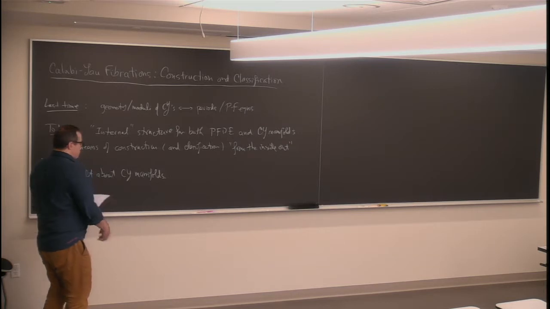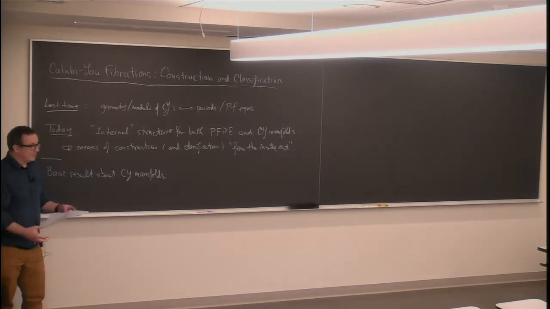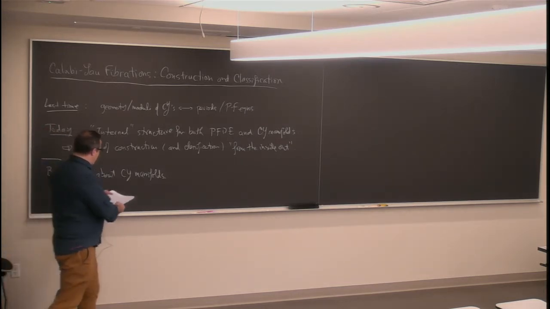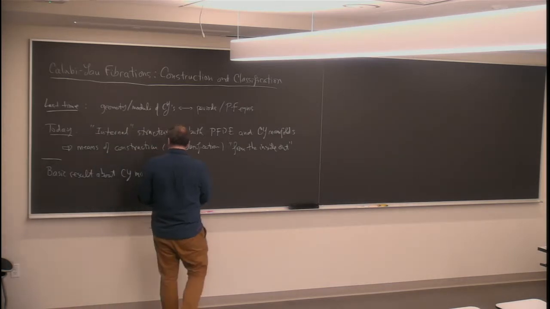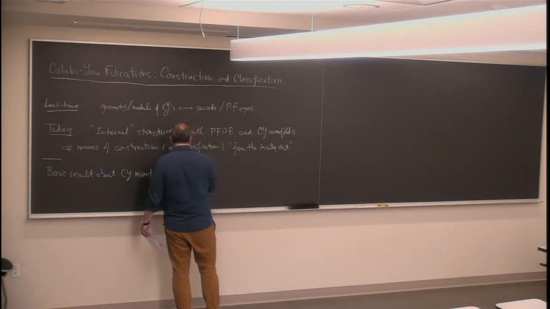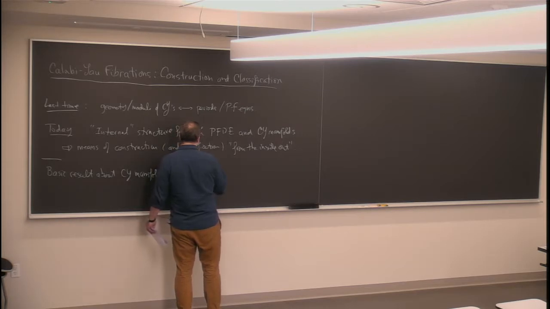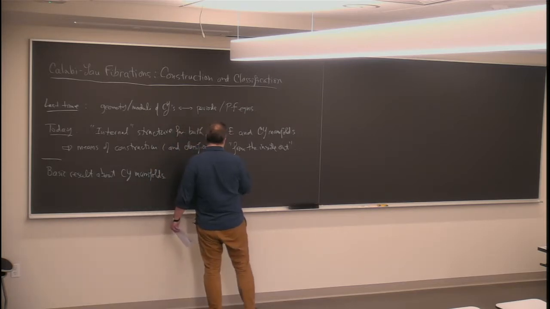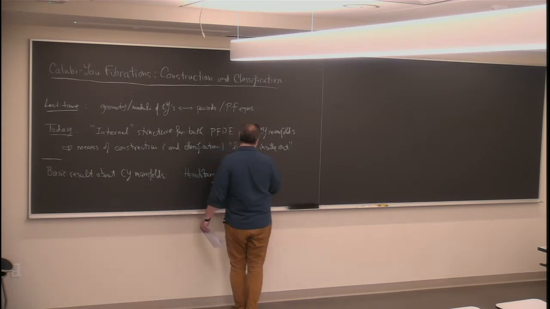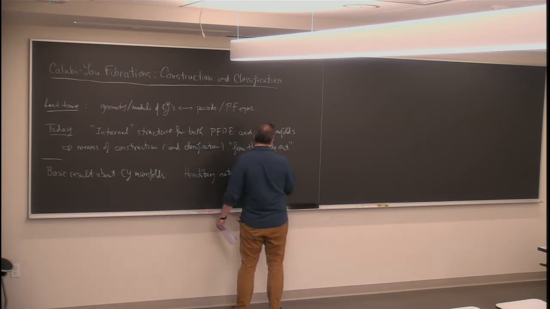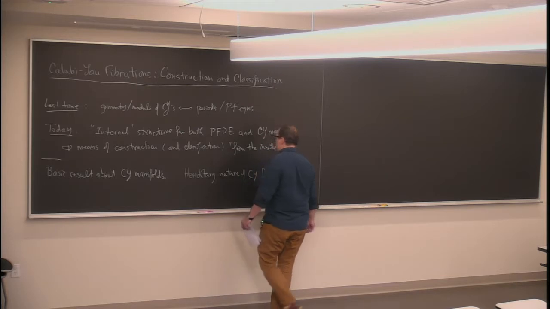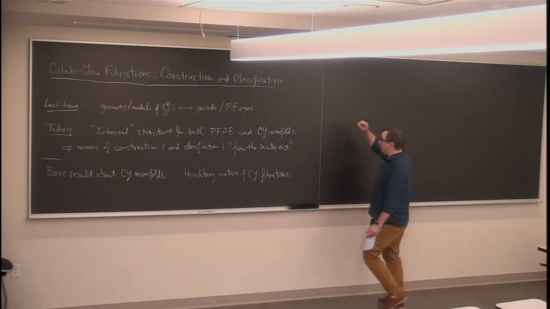And it's kind of obvious to the experts, but it's really quite important. So this basic result is about the hereditary nature of Calabi-Yau fibrations. Okay? And the basic principle is very simple.